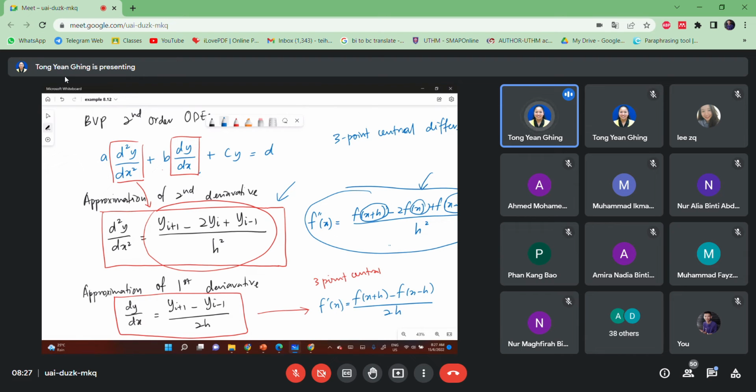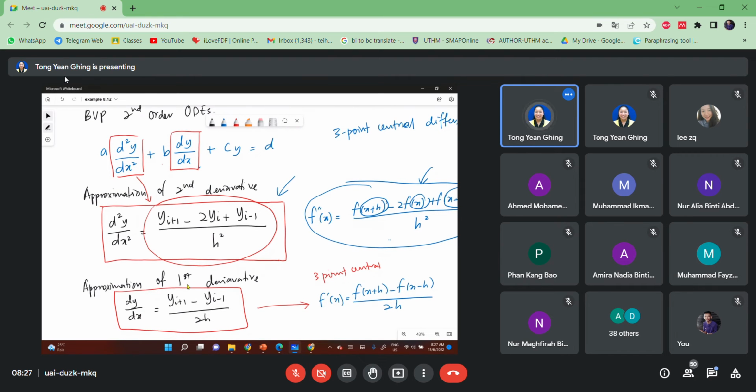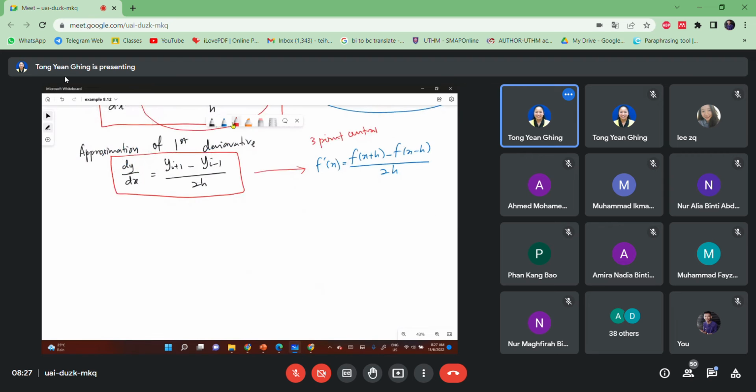After that, you can solve it. Let's say we know y0 and y5, because this is a boundary value problem. Y0 is given, and then let's say we have y1, y2, y3, y4, so this one is also known.